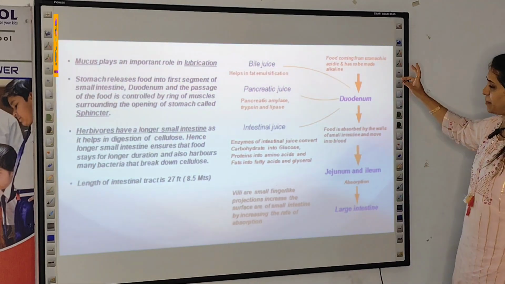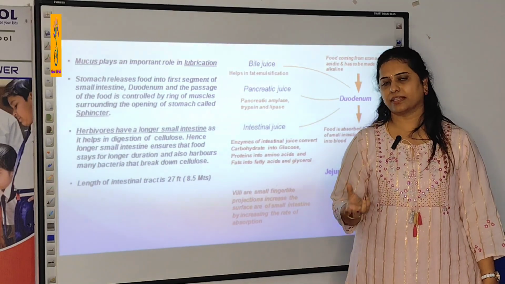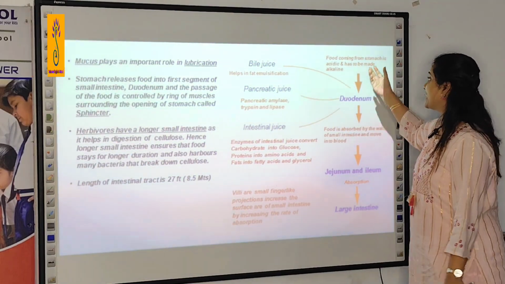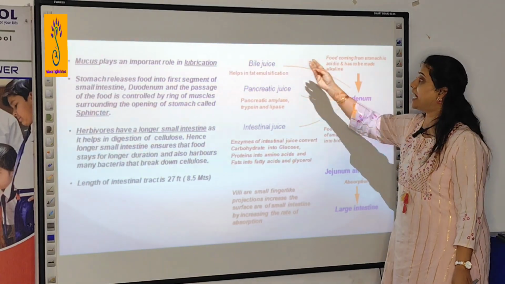It is basically acidic because HCl is acting on it, isn't it? That acidic content needs to be converted into alkaline. That can be done through bile juice.